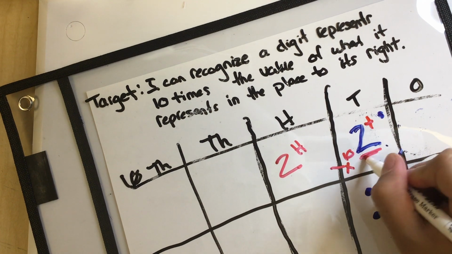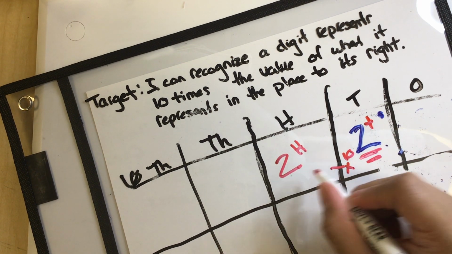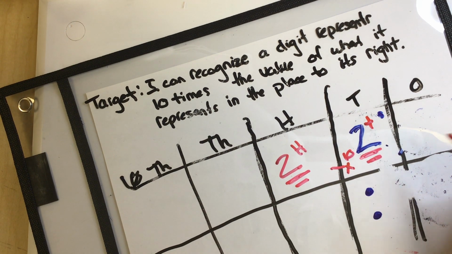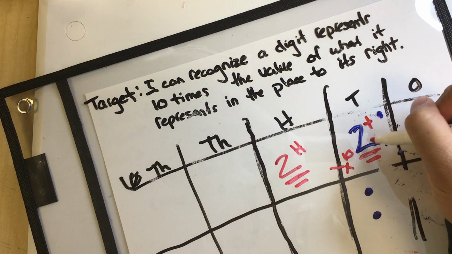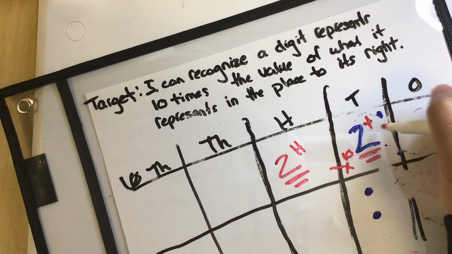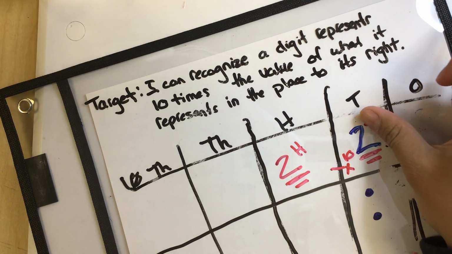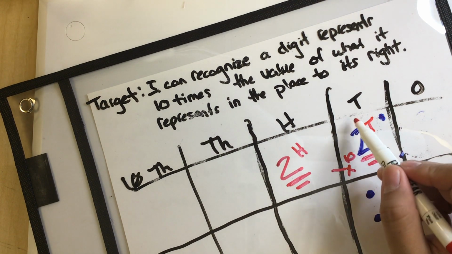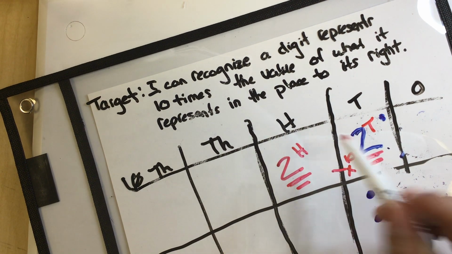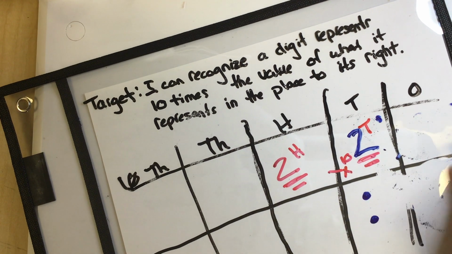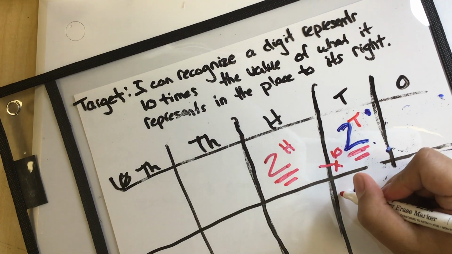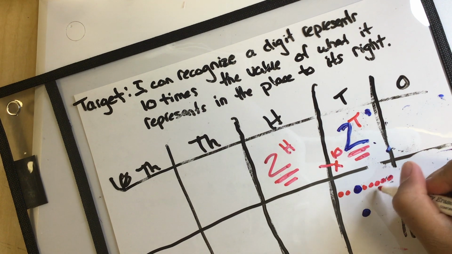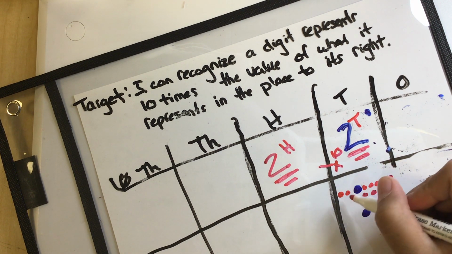Now, if you notice, the quantity or the amount of each unit does not change, okay? If we start out with 2 tenths here and we multiply it by 10, we end up with 2 hundredths. The only thing that changed is its unit. And how does that look? Well, if we started out with 2 tenths, here's 1, 2, 3, 4, 5, 6, 7, 8, 9, 10.